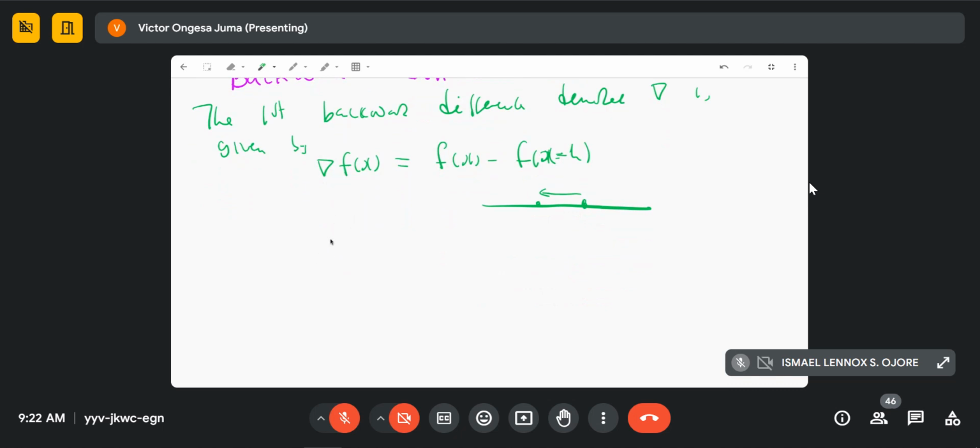Using the y notation, the backward difference of yk is yk minus yk minus 1. Using the same notation, can somebody find the second backward difference?